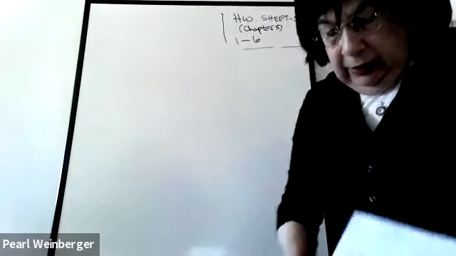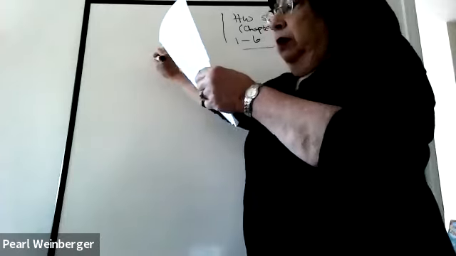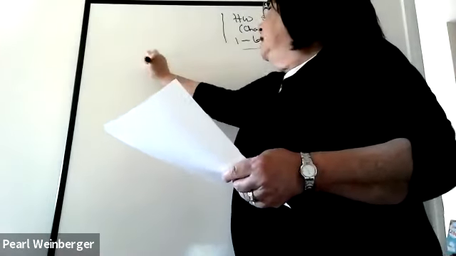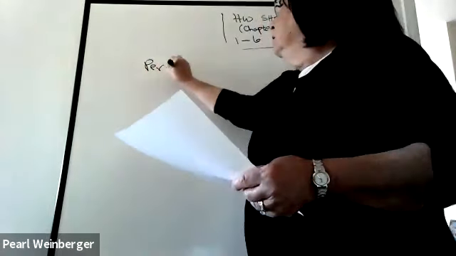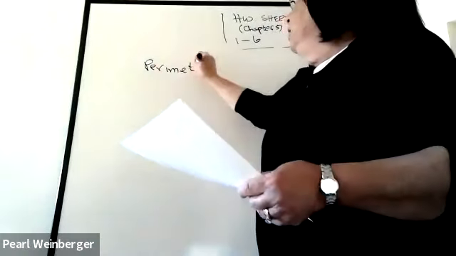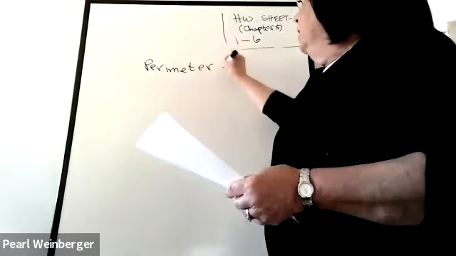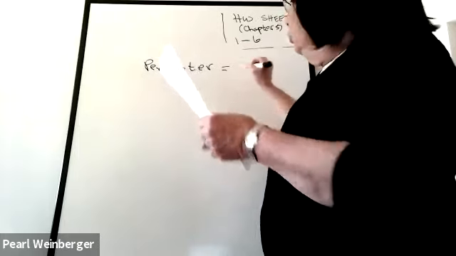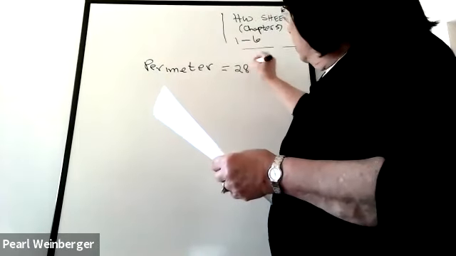Here's a question about the perimeter of a rectangle. I'm writing out just the important words. The perimeter of this rectangle is 28 centimeters.